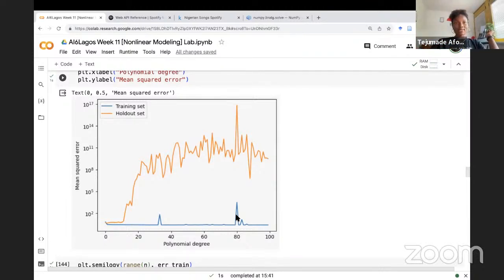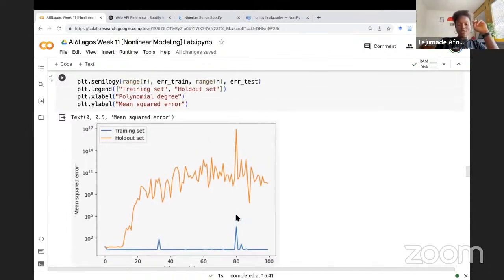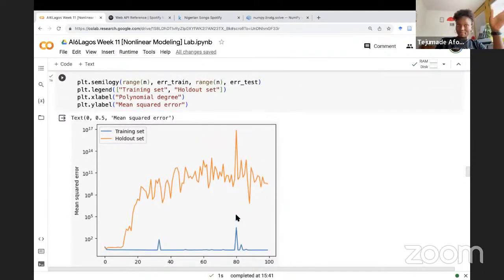On your held-out set, you will end up having a larger error because of the generalization gap. But on your training set, it always fits more and more and gets better. I hope that makes sense. I had it as a quiz in the class, but we didn't really talk about it because there was no time.